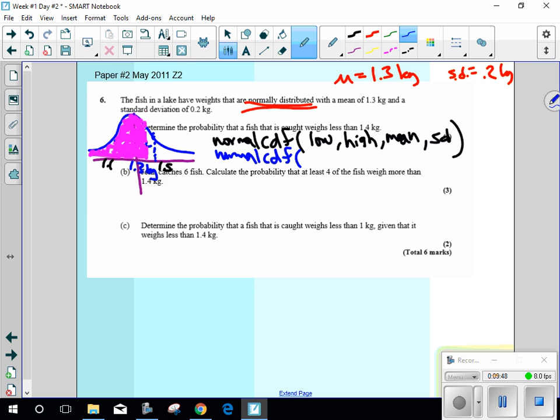It'll just get you a Y value, and Y values mean nothing. So the low is, well, we could say 0, but just to be safe, I'm going to put negative 100 for that. 0 will work for this. The high is going to be it's less than 1.4. The mean is 1.3, and the standard deviation is 0.2.